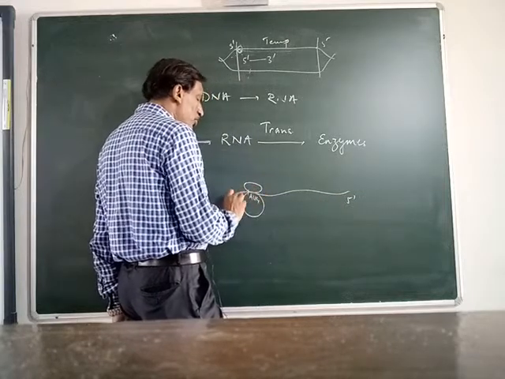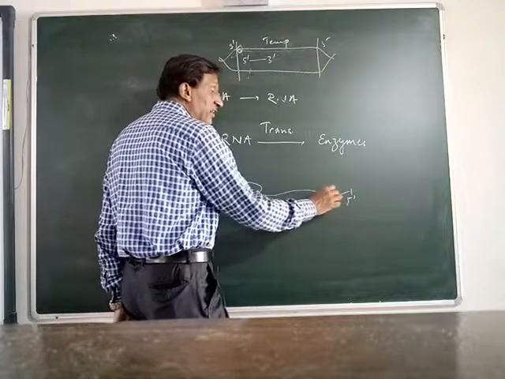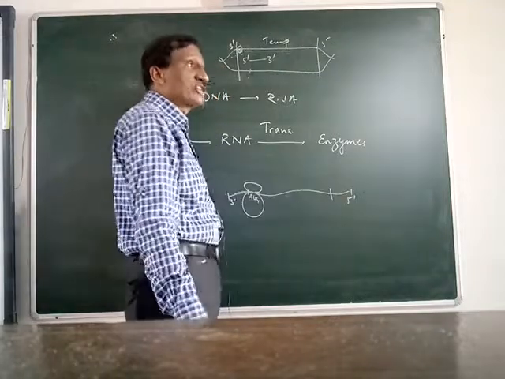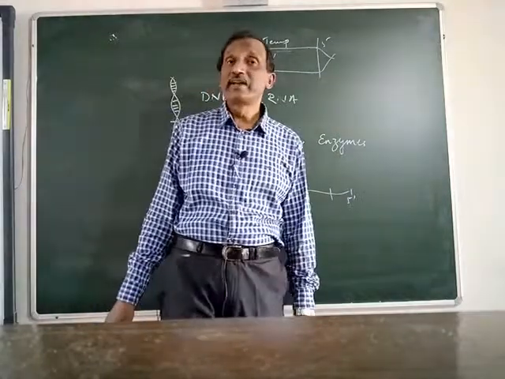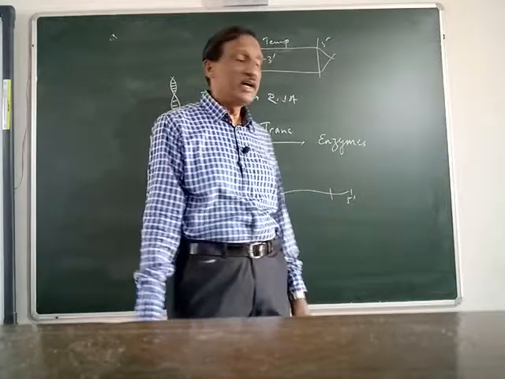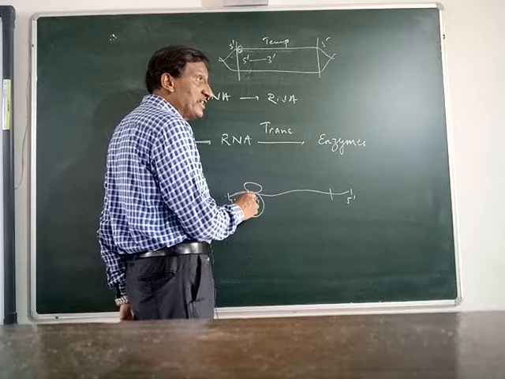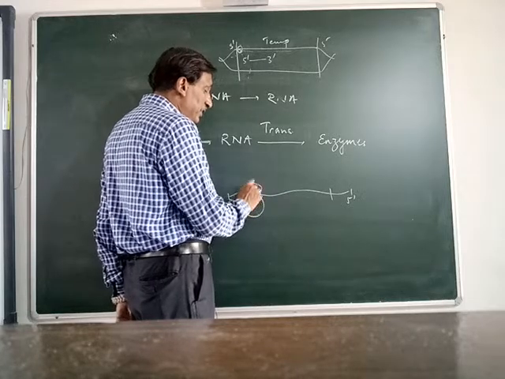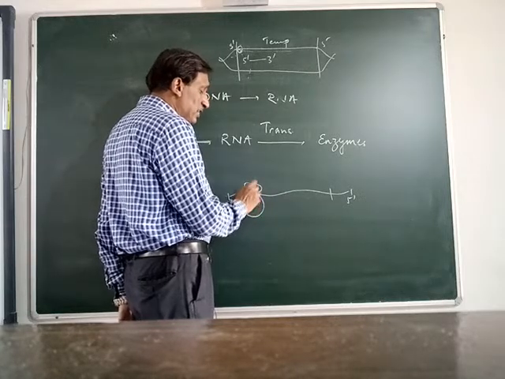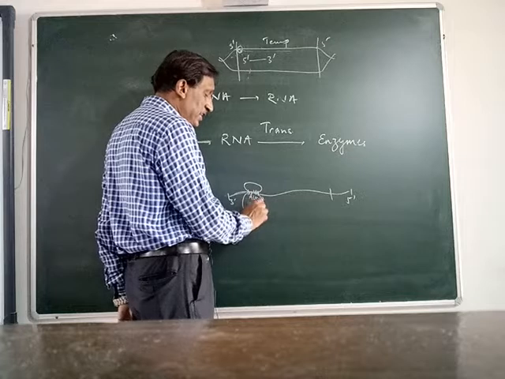The segments which are not copied, and the segments after the terminator, are called untranslated regions, that is UTR. So first it will see the codon AUG, and this will have two sites, A and P site.